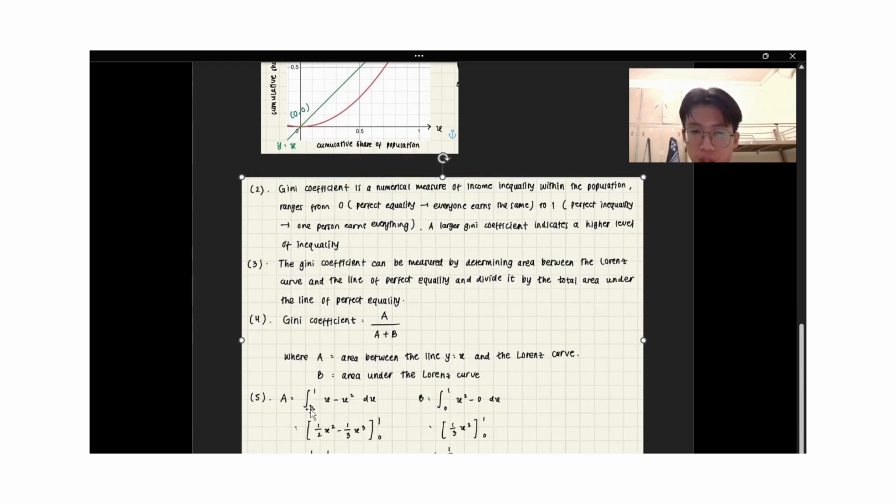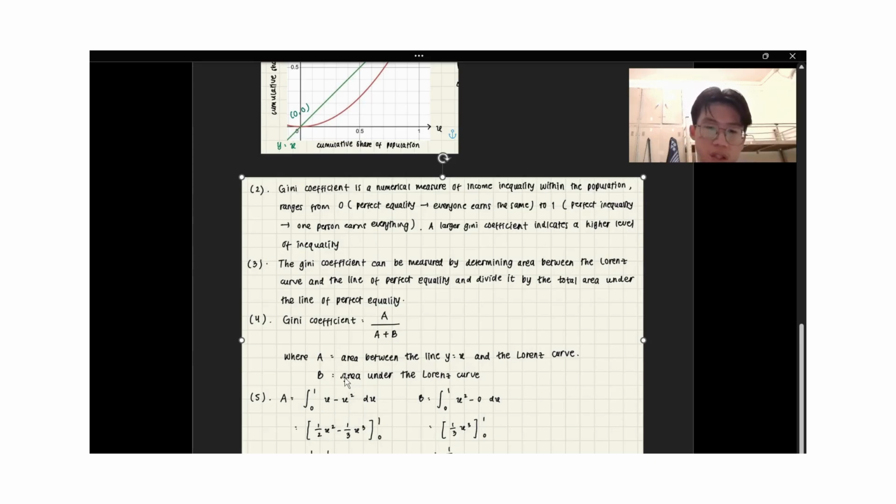Next, we'll calculate it using the integral function. So it becomes one half x squared. Why is it? Because this is x to the power of 1, so the integral is 1 over 1 plus 1, which is 2, and the power is also added 1, so it becomes 2.